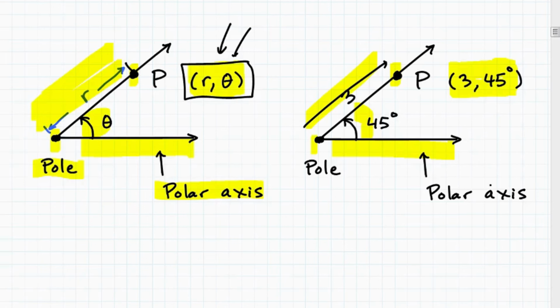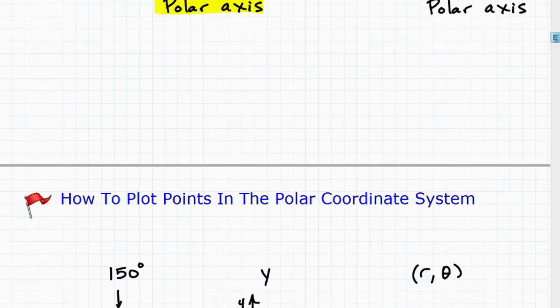This is going to be the polar axis, but you're going to see in a second, this is going to be the x-axis. We'll get into this more precisely, but that's the essence of what the polar coordinate system is. All right, let's move forward.